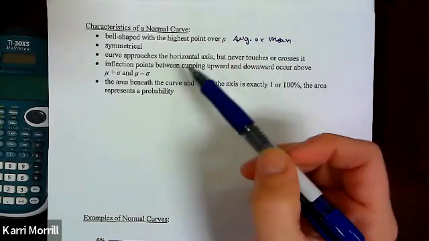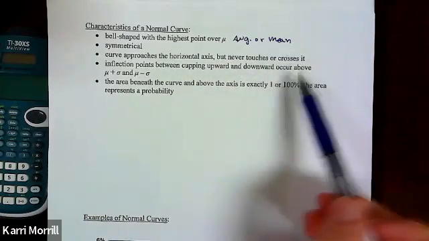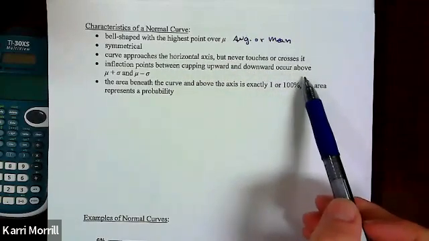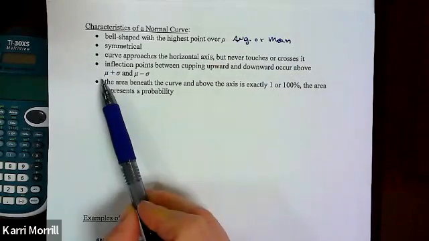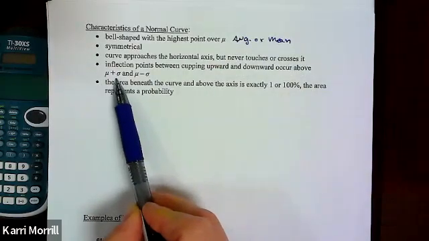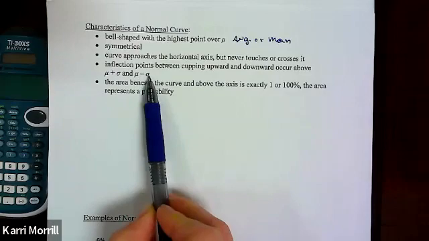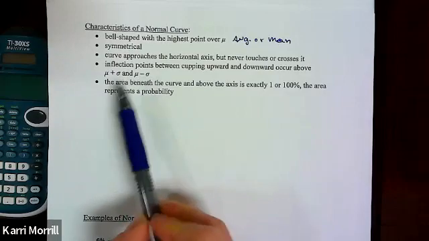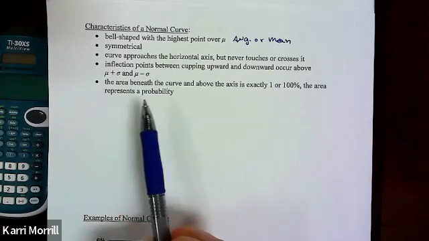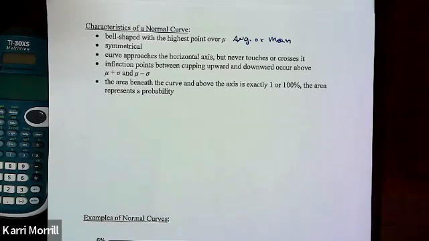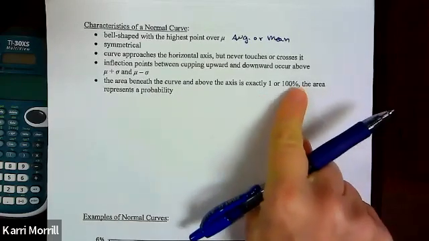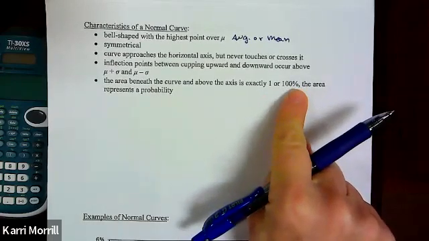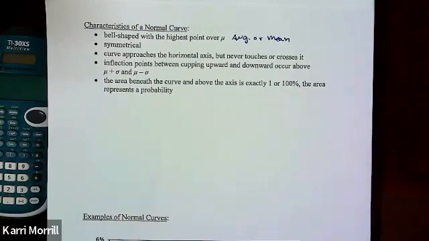Inflection points between cupping upward and downward occur above your mean plus 1 standard deviation and your mean minus 1 standard deviation. The area beneath the curve and above the axis is exactly 1 or 100%. So in decimal form 1, or if we're talking about percentages, 100%. The area represents a probability.